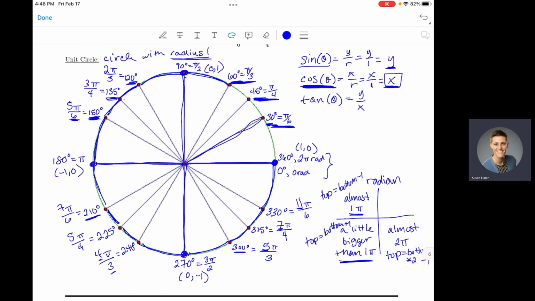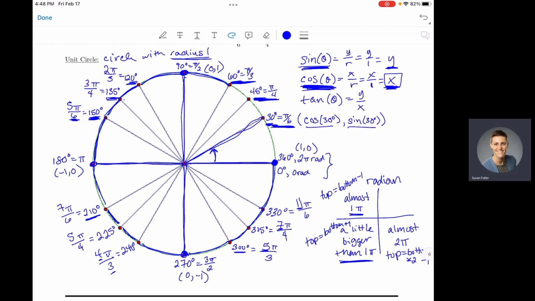So here at 30 degrees, this is our angle theta, and the ordered pair that goes along with this is basically going to be the cosine of 30 degrees and the sine of 30 degrees, because our x value is the cosine of theta and our y value is the sine of theta. So x is cosine, y is sine.